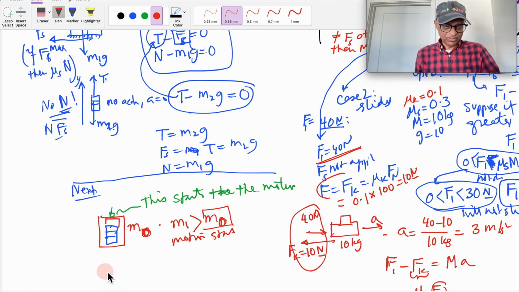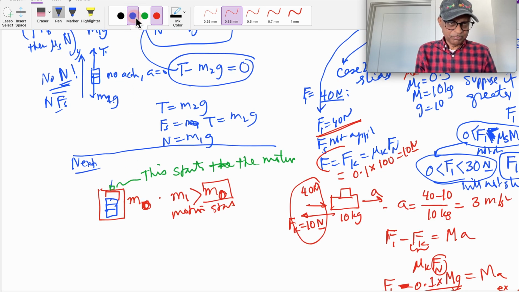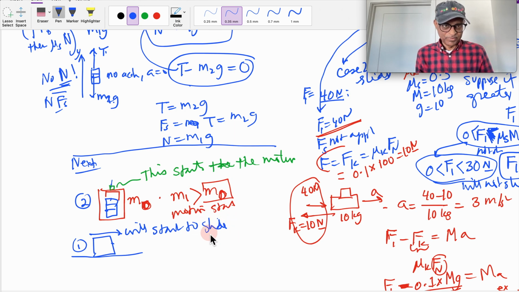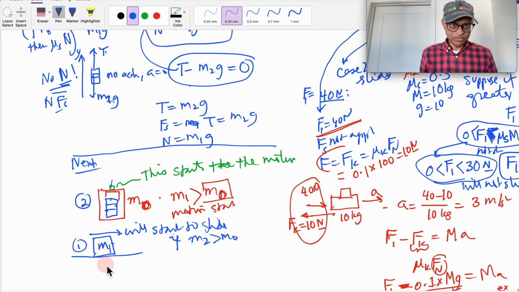This moving means, if I look at this place, this will start to slide. So the mass 2 and mass 1 slide. That means if M2 was greater than M0, we're talking about M1 here.